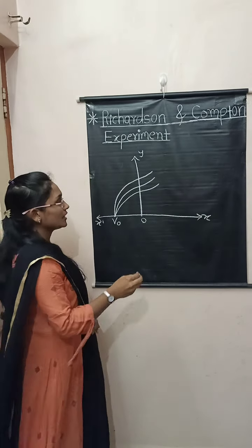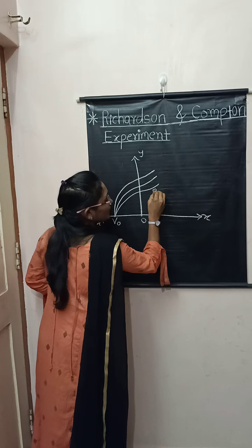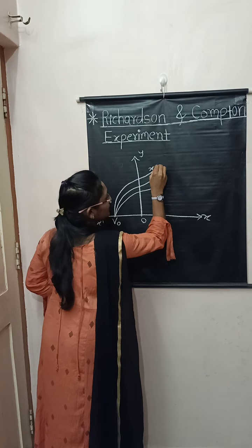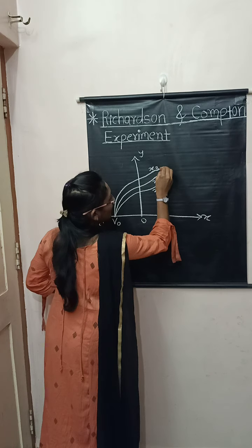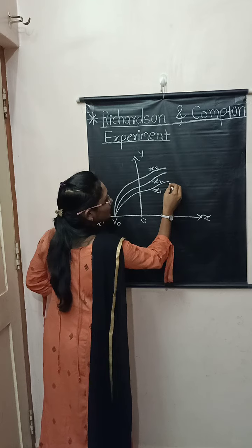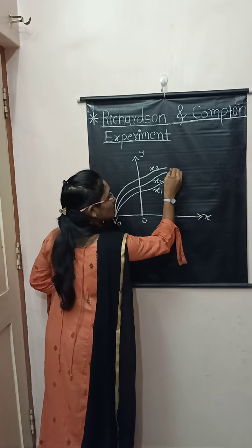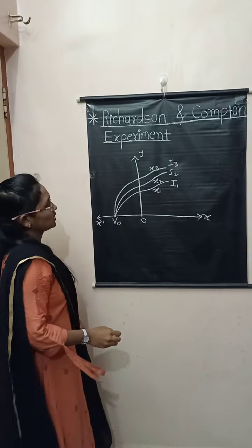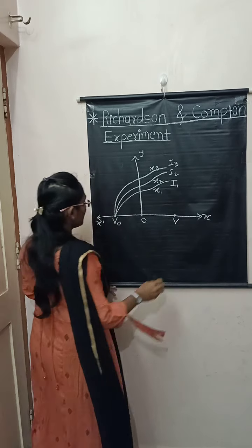Okay, so here I consider intensities X1, X2 and X3, and with respect to those intensities, there are currents I1, I2 and I3, and here the potential V. Okay.